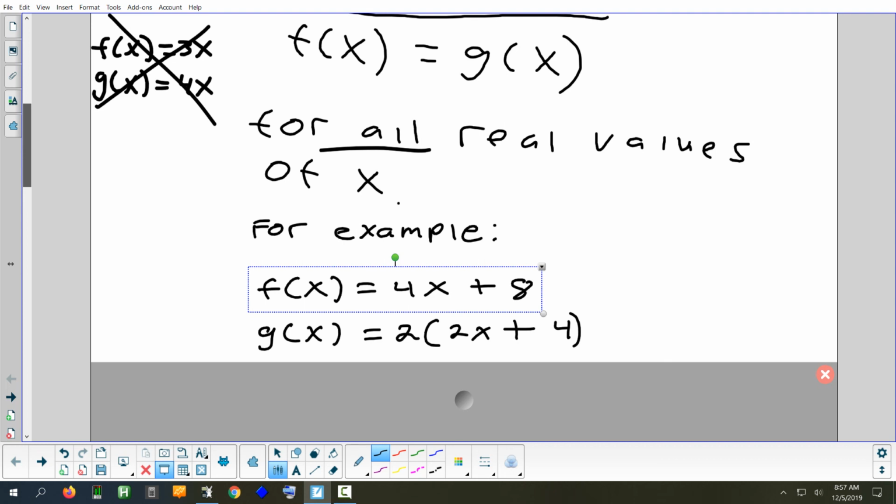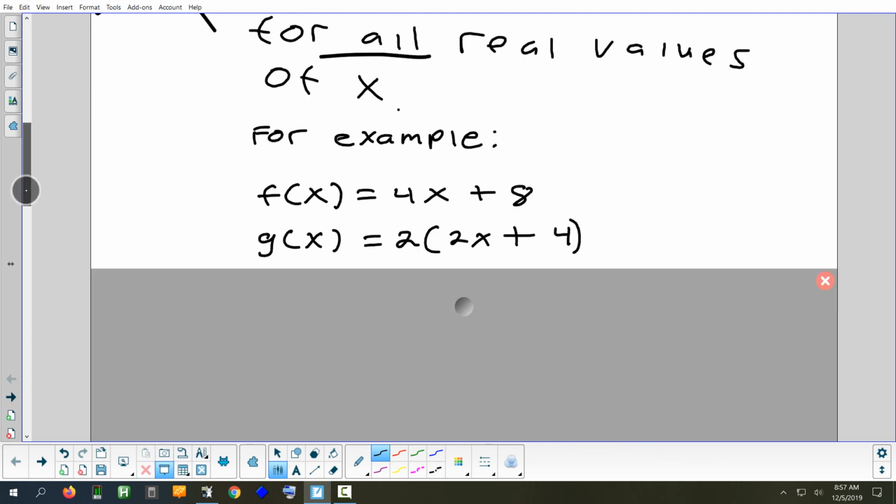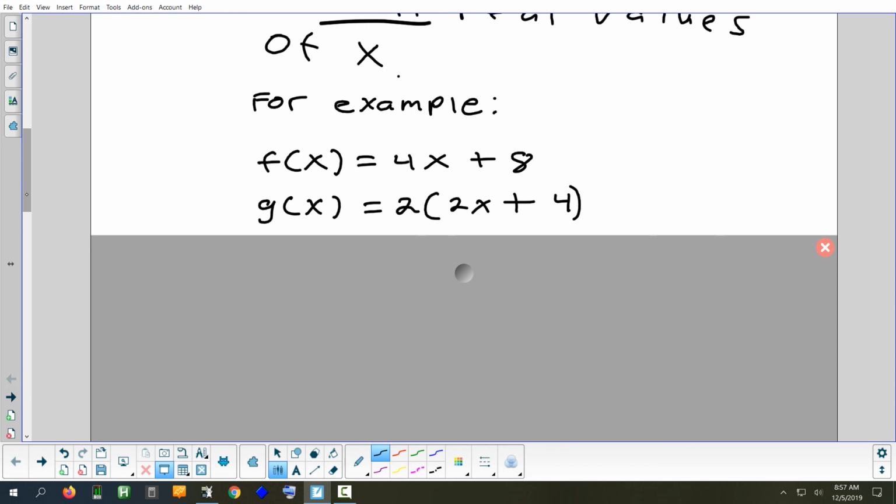What property could you use in the bottom one to make it look like the top one? Distributive. Yeah, distributive. If you distribute it out, you get 4x plus 8. Right? So with a little bit of work, f of x and g of x are the same thing. Those 2 functions are identically equal. Same thing. Any questions on that? Okay.